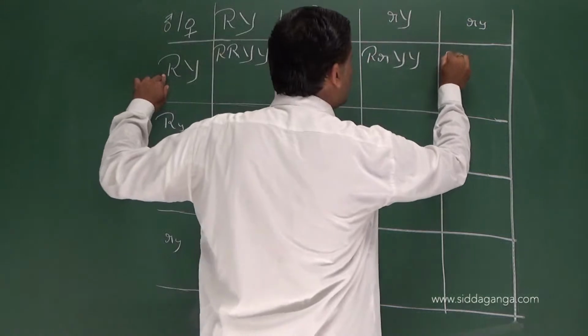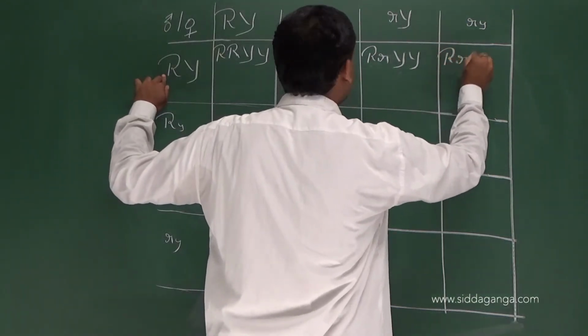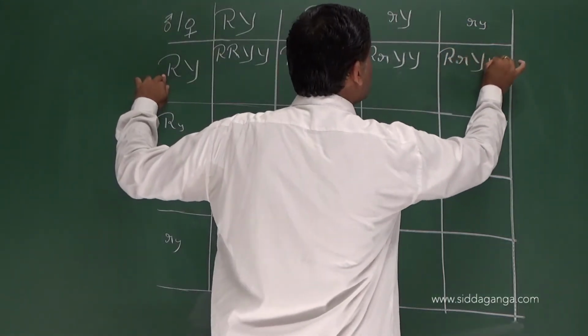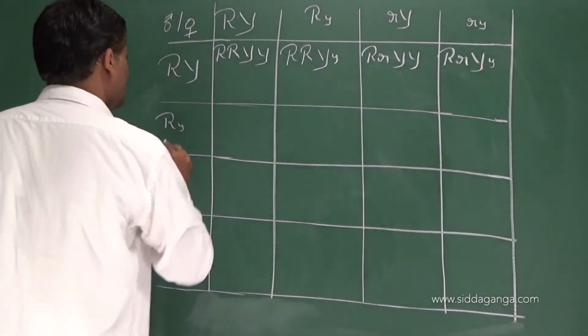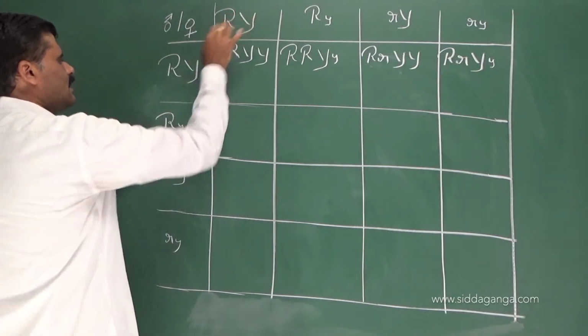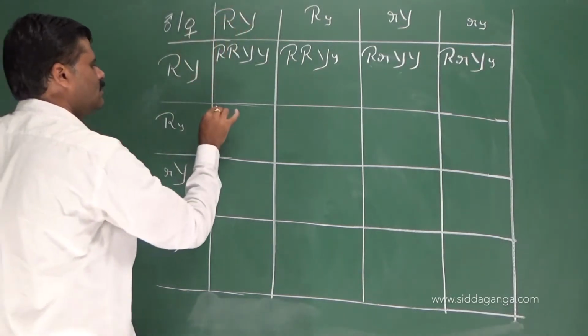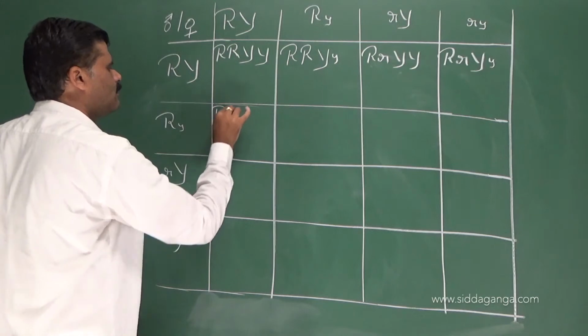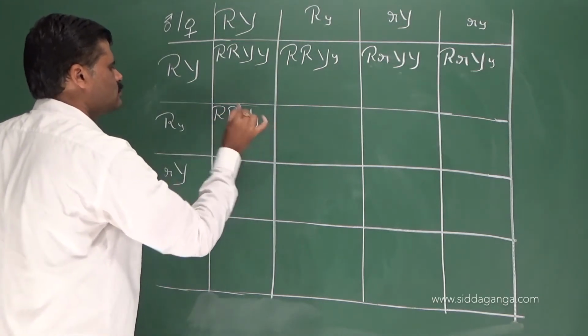Capital R, small r, capital R, small r, capital Y, small y. Next, this gamete fuses with this gamete: capital R, capital R, capital Y, small y.